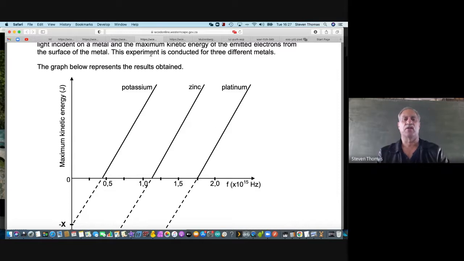For one metal, in this case potassium, the electrons will come off with a lot of kinetic energy. For another metal, as the frequency increases, it takes a greater frequency even to get an electron off zinc, and then it takes the greatest frequency of light to get an electron to come off platinum.